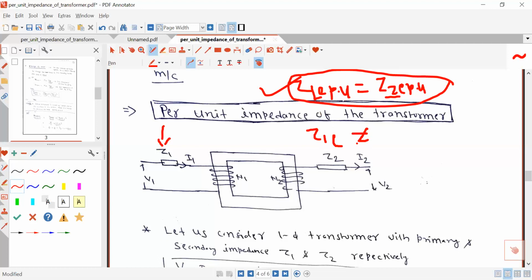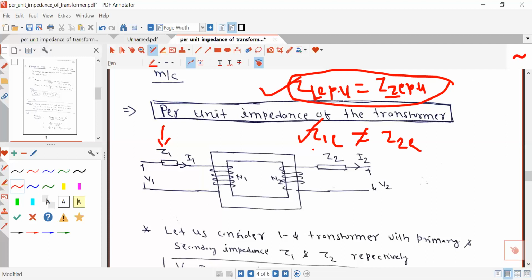But when you represent impedance in ohm, then total impedance of the transformer referred to the primary will not be equal to the total impedance of the transformer referred to the secondary. So these are the two advantages.